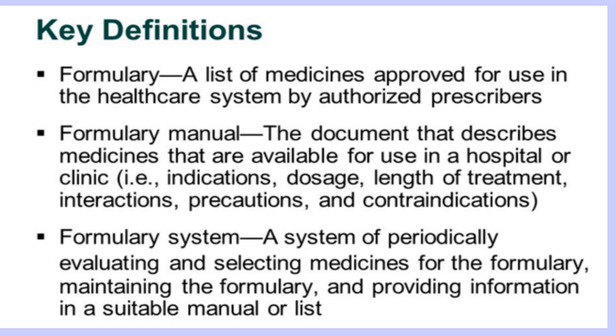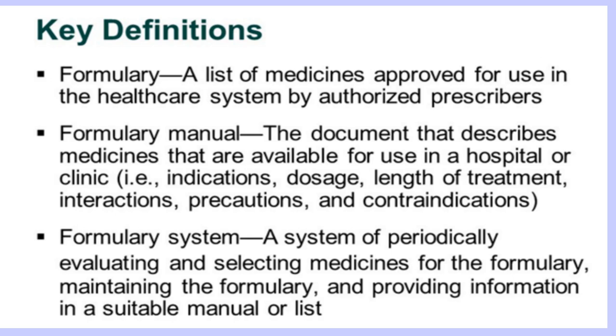Then formulary system, a system of periodically evaluating and selecting medicines for the formulary, maintaining the formulary and providing information in a suitable manual or list. So to select the drugs in the formulary and to maintain the formulary, there should be a system, that is formulary system.